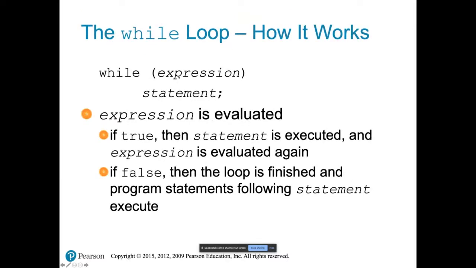If this is true, the statements get executed. If it's false, they will not get executed. But when you write this and it's true, you eventually want this expression to become false, otherwise we're said to be in an infinite loop.